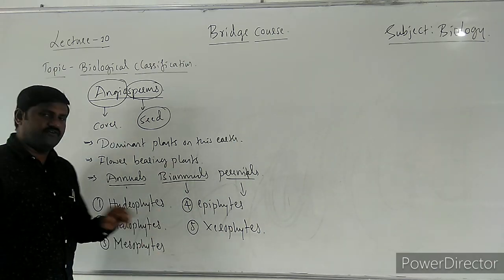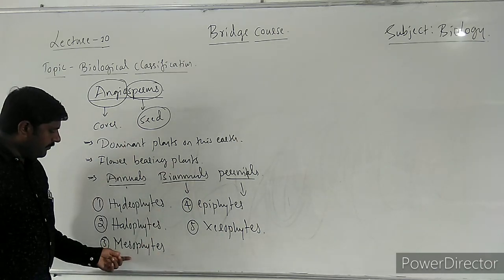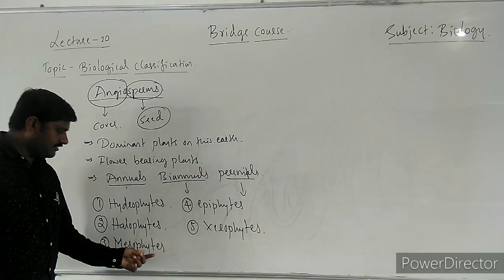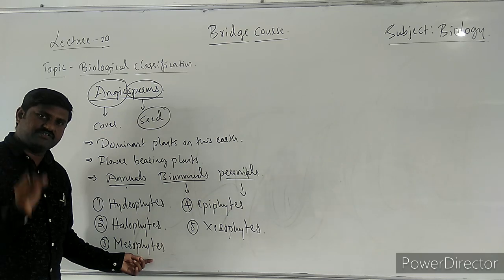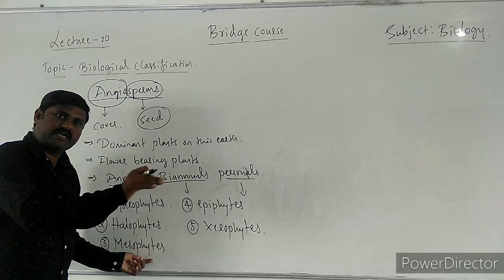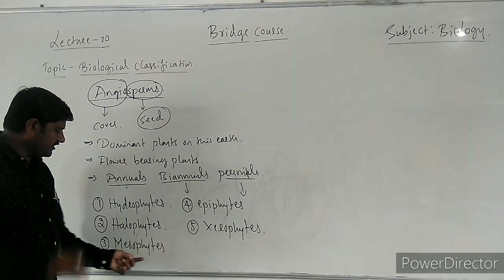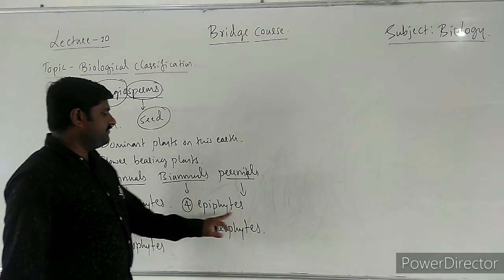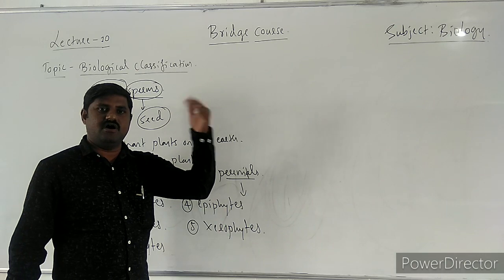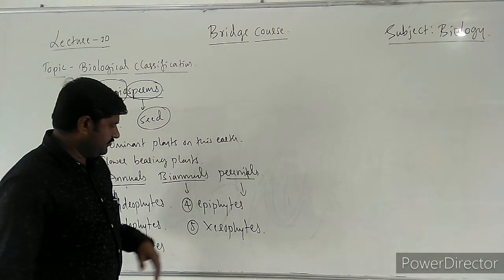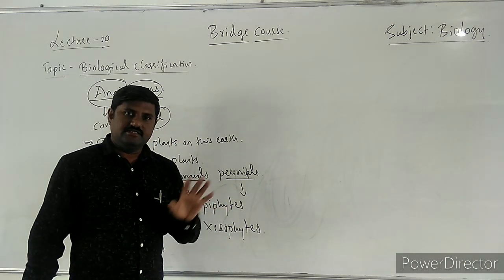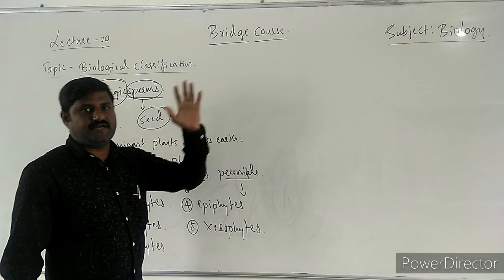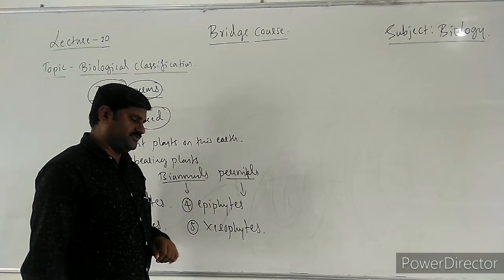They are called halophytes. And mesophytes. Meso means moderate. These plants grow in moderate conditions. Such plants are called mesophytes. And epiphytes. Epi means on, upper part. Phyta means plant. These are the plants which grow on other plants, called epiphytes.